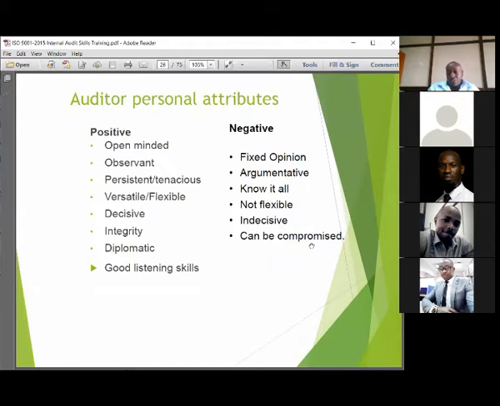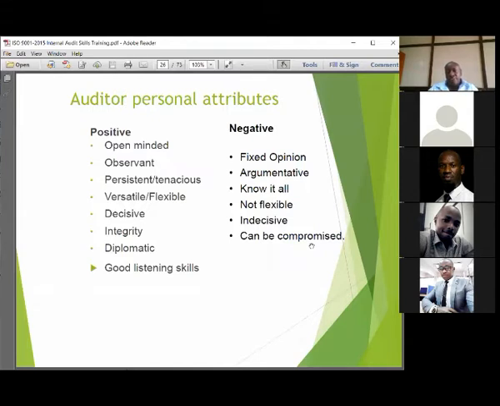It's a professional job you are doing, so you have to be diplomatic, follow the protocols that are there when you are going to somebody, and do it in a diplomatic way. You must have good listening skills. Remember, you have gone to gather information, but most of us, you have gone to audit, but you want to do the talking all the time. How do you gather the information? You should learn to have good listening skills.